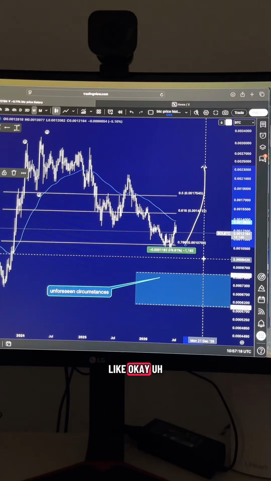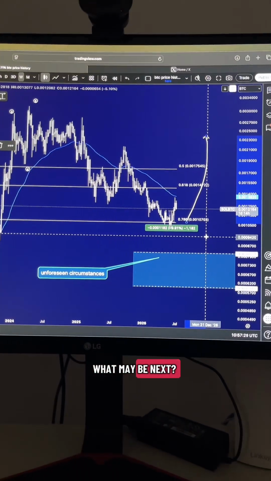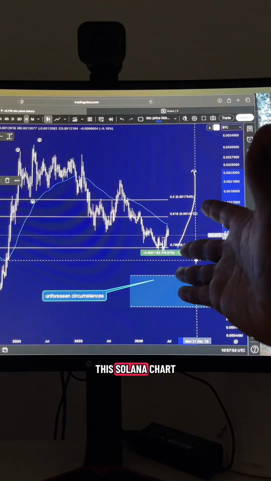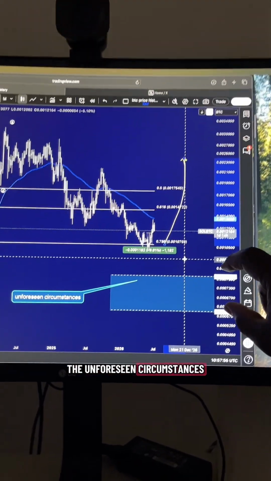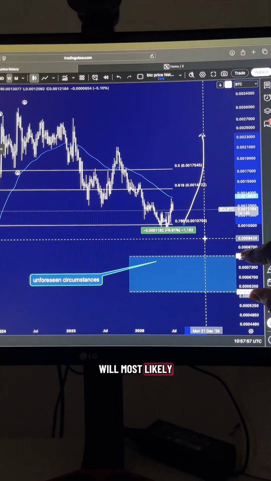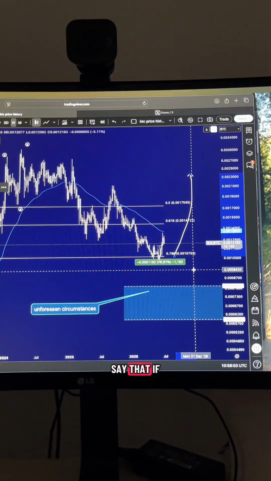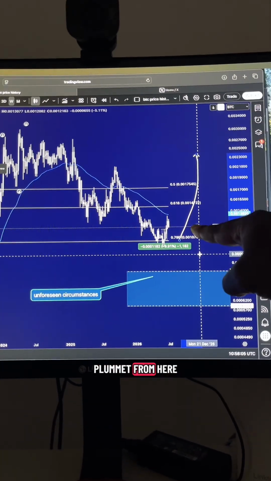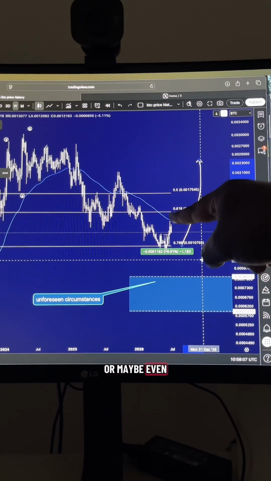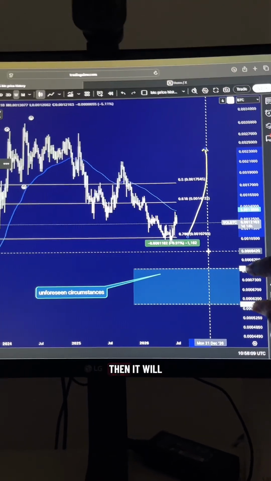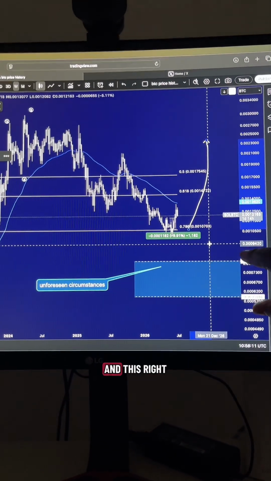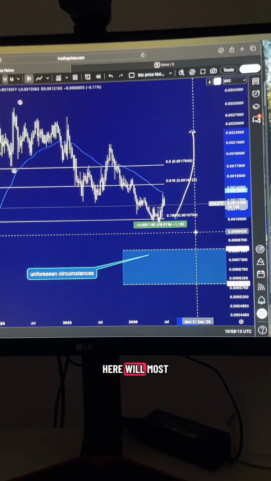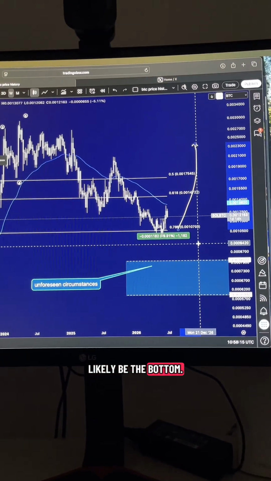Sometimes we are like, okay, what may be next? So according to this Solana chart right here, the unforeseen circumstances will most likely be here. This is to say that if Sol starts to plummet from here, or maybe even higher than here, then it will most likely end up here, and this right here will most likely be the bottom.